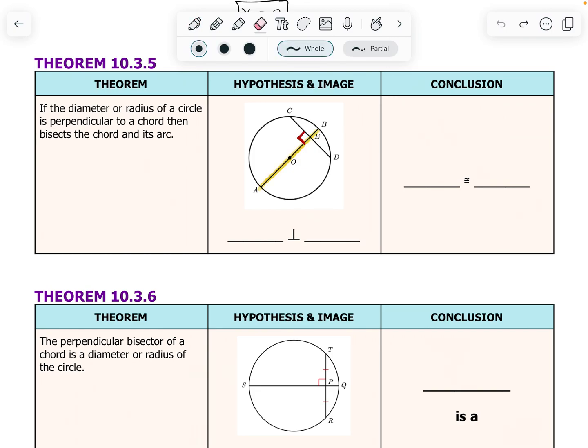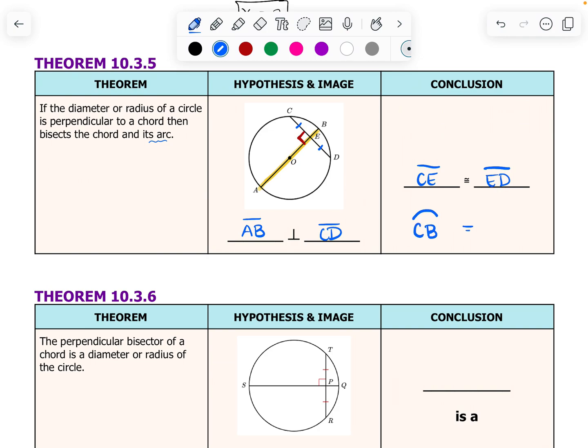So we're going to say segment AB is perpendicular to segment CD. Because they are meeting perpendicularly, that would mean that it is cut in half. So we can say segment CE is congruent to segment ED. It did say that it also bisects its arc, so if you would like, you can say arc CB is congruent to arc BD.